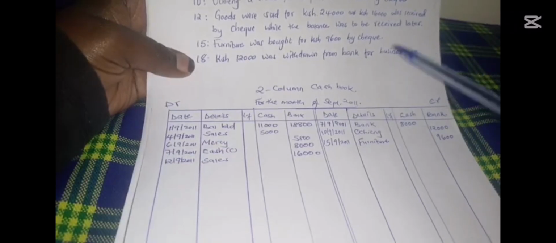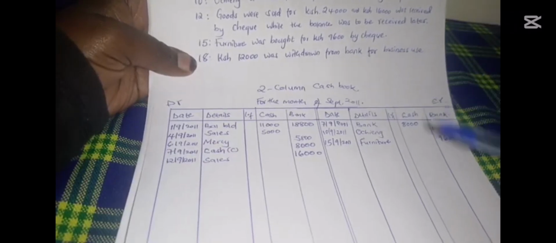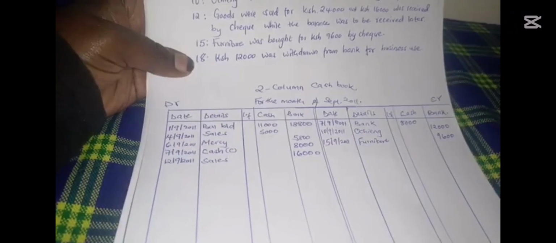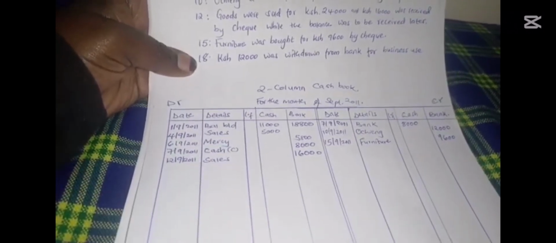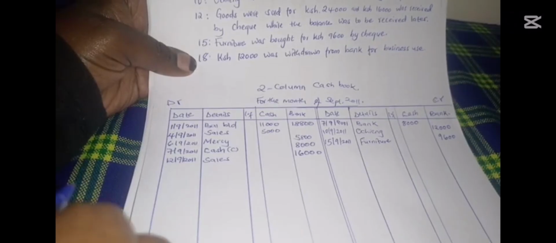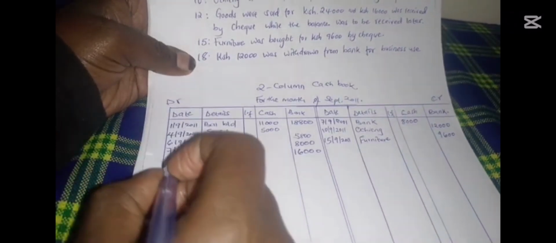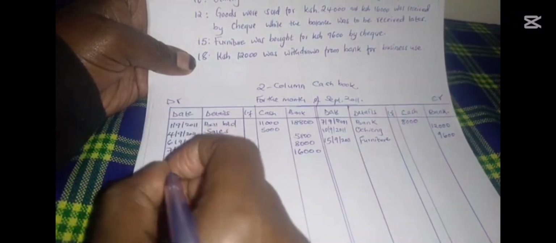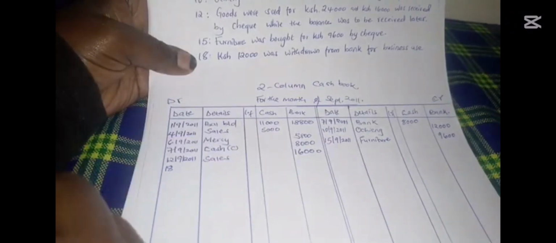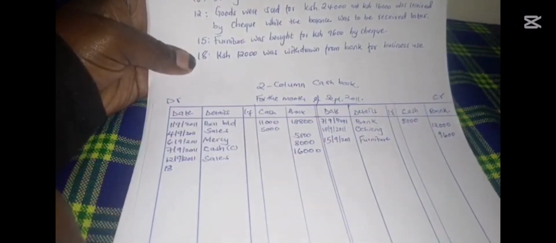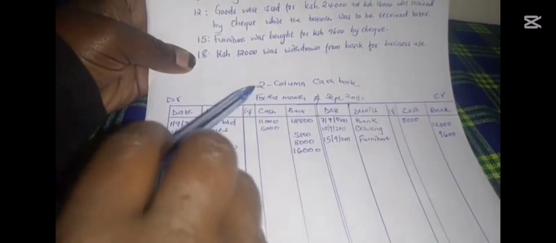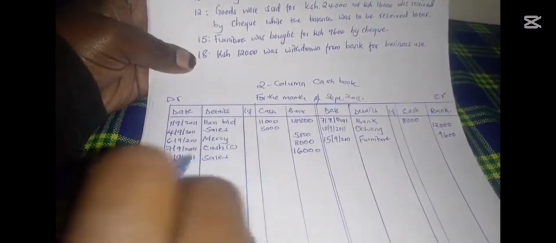This means that this money was taken to the business cash till, and therefore we are going to record that same transaction twice. So on date 18th, we are going to debit what increased. It was the cash in hand.